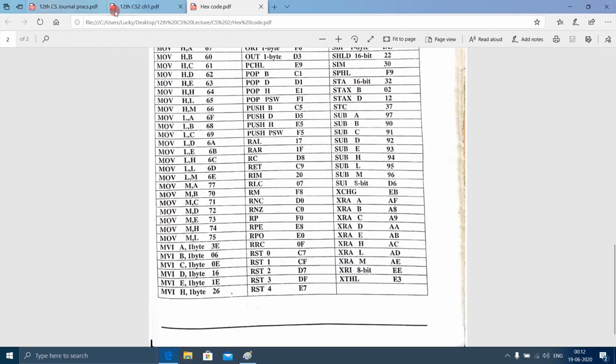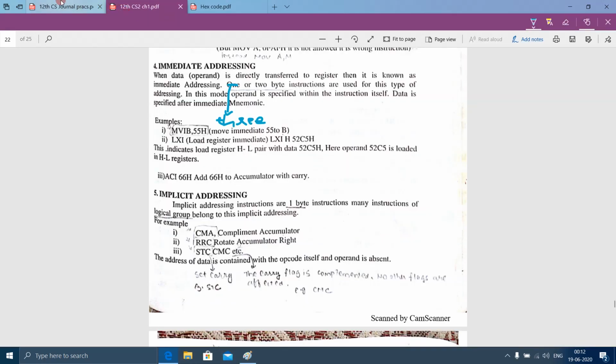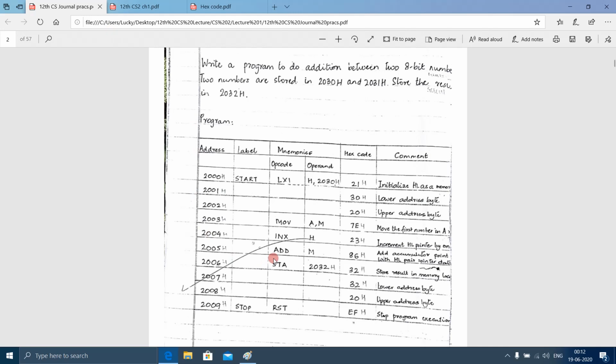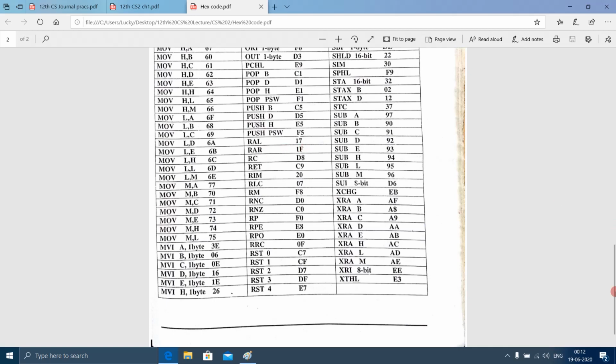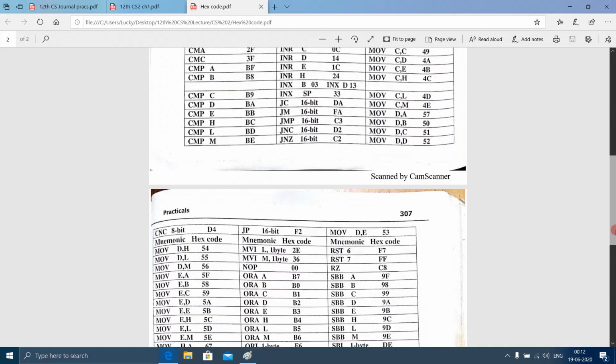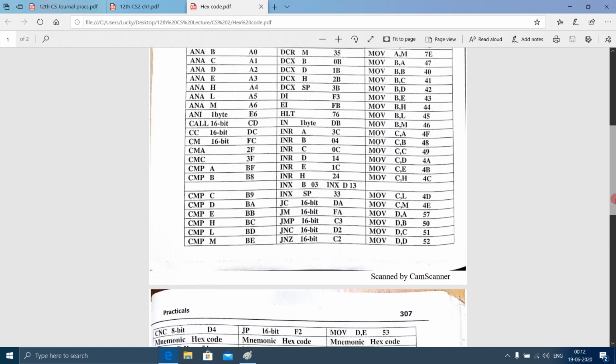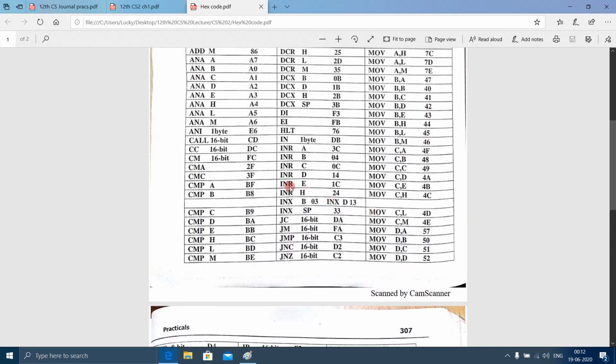What's written here for INX H is 23H. Oh, it's not given here.